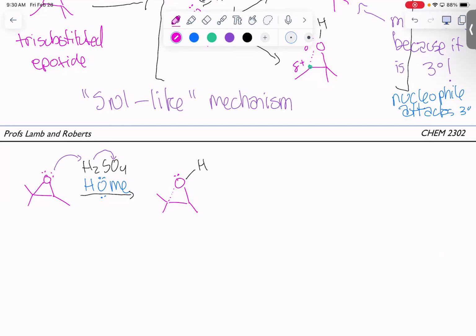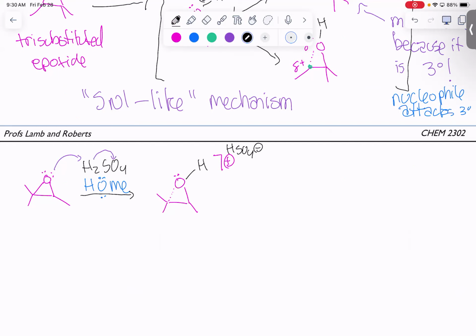So overall, this has a positive charge and the HSO4 minus counterion, because we deprotonated, right? I'm not officially assigning that positive charge to any particular element.